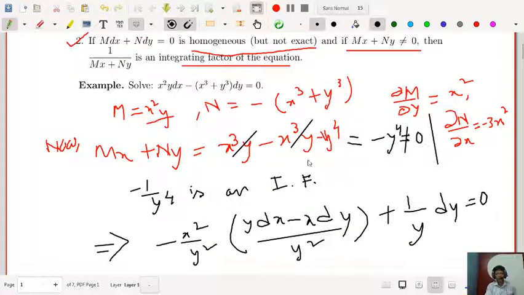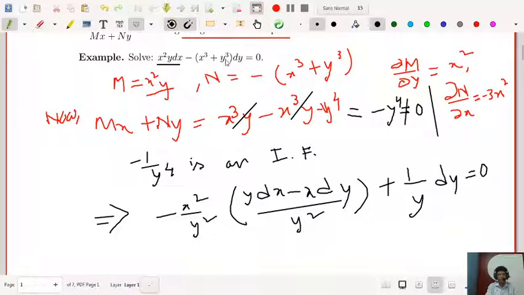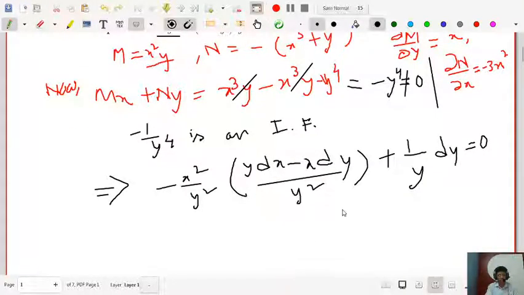This is after simplification. You are multiplying the whole equation by minus 1 by y to the power 4. Look at that, your first term will be x square by y cube, and the next one will be minus (x cube plus y cube) by y to the power 4, and the last term will be this one. If you open the bracket and arrange, after some calculation, this will be the result.